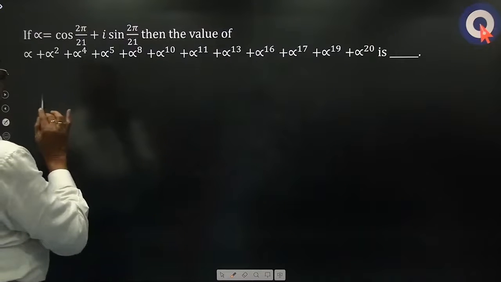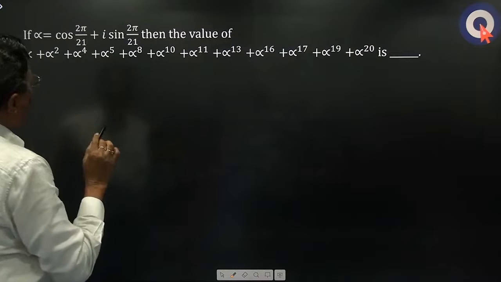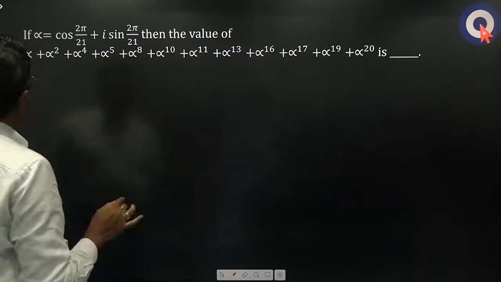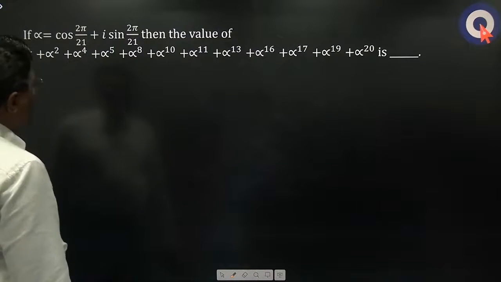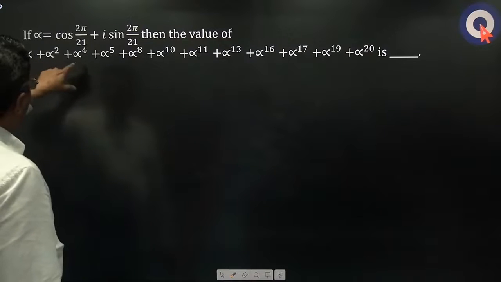If alpha is equal to cos 2 pi by 21 plus i sin 2 pi by 21, then the value of a big summation kind of thing is given here. Alpha plus alpha square plus alpha power 4, all these things. You notice certain powers of alpha are missing.